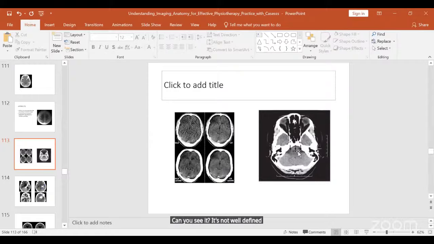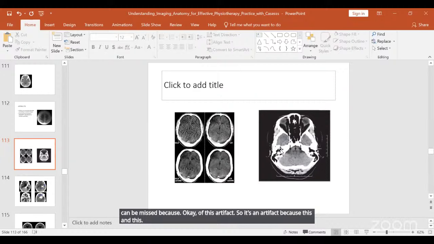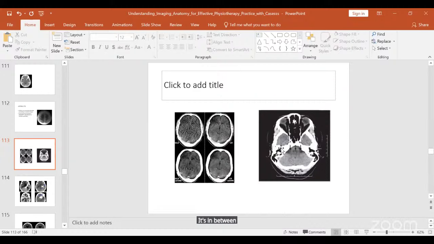So somebody who has issues here can be missed because of this artifact. It's between some hefty bone structures, producing this artifact. So when you look at this, please request another image so that you can actually assess it. Don't take it for granted.